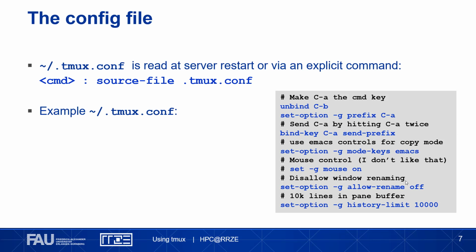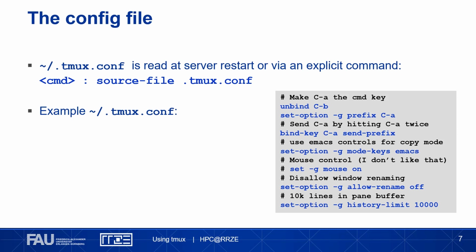I don't like that. So I'm disallowing tmux here with this command to rename the window, except if it has the default name. So whenever I rename a window using command comma and give it an explicit name, tmux will not allow renaming it, which I find is the decent behavior.